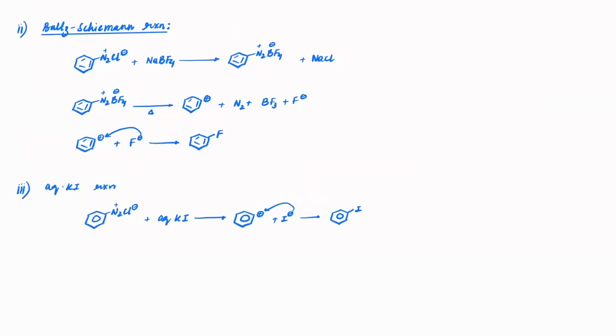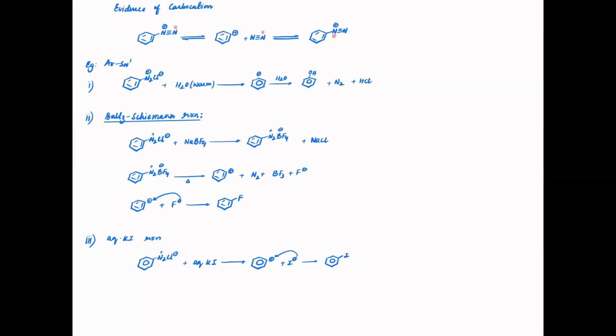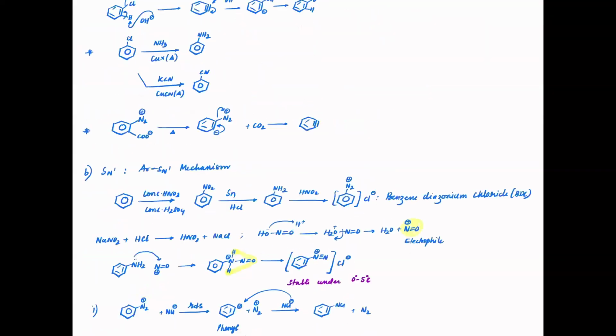These three are the reactions. These are the only reactions, by the way, where ArSN1 is observed. Otherwise, generally, an ArSN1 reaction is not usually observed. Clear? I suppose all of you understood the mechanisms. These are the three main mechanisms of this topic.